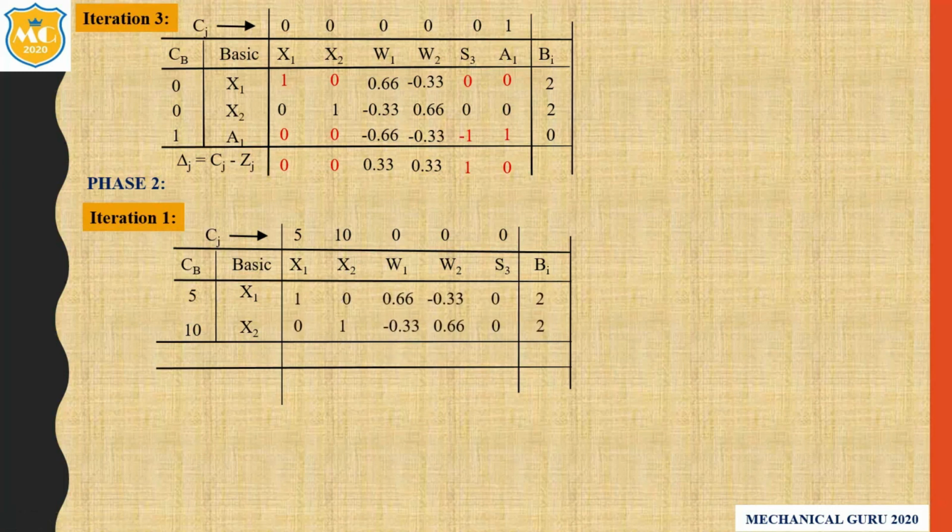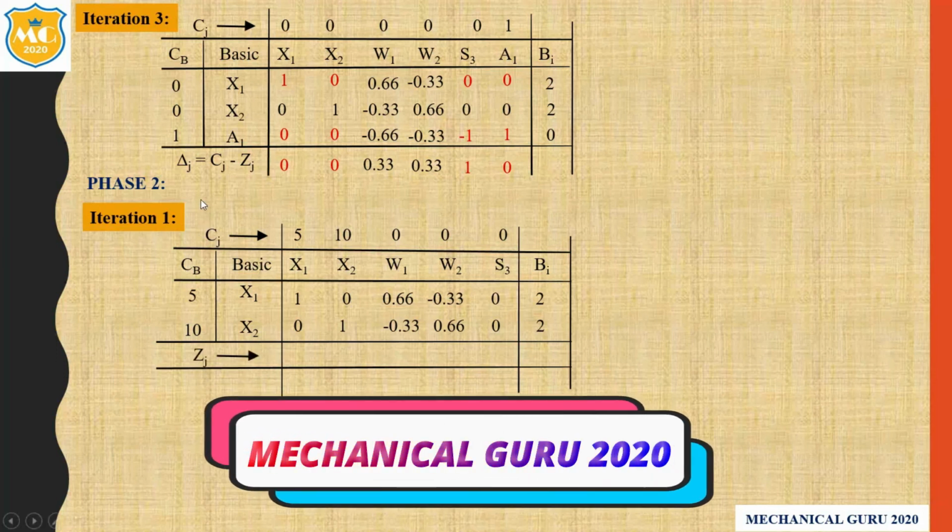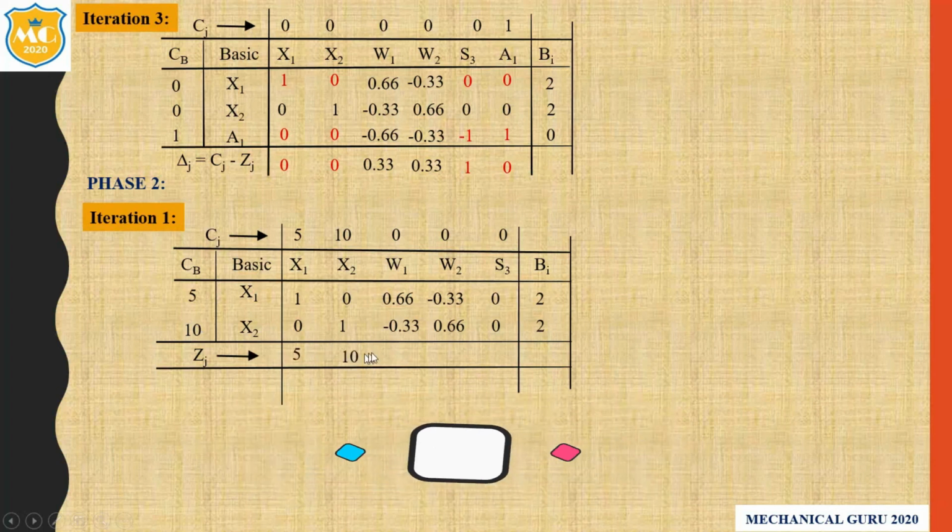Now here again we have to find the Zj value. So simple, 5 into 1 plus 10 into 0, so here we get 5, here 10, here again 0, here 4.95, and here 0. Next we have to find delta J, that is Cj minus Zj.